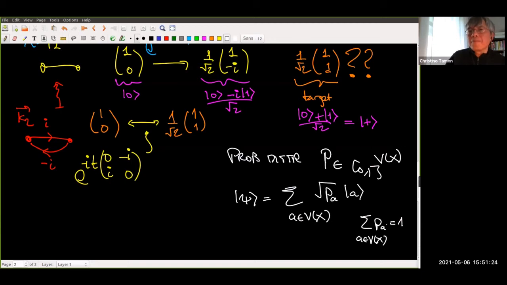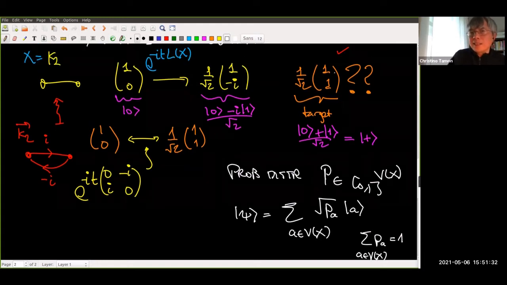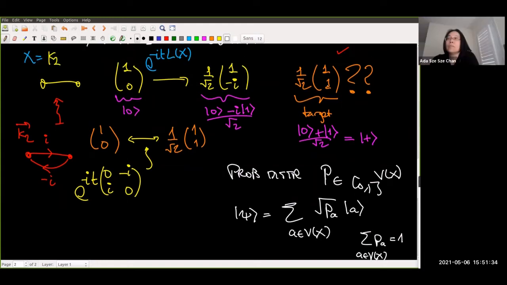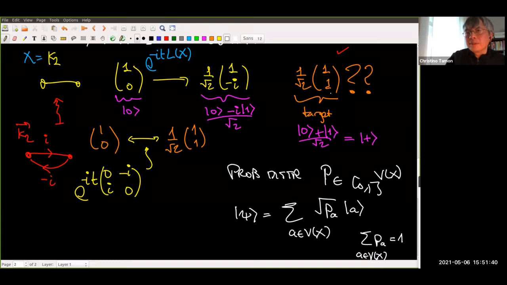This is like asking to get 1 over root 2, 1 over root 2, right? Because 1/2 is the distribution over K2.